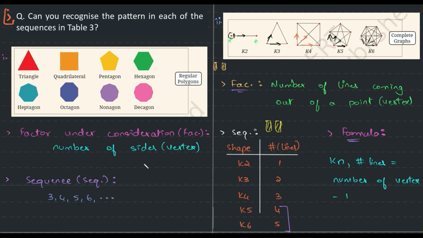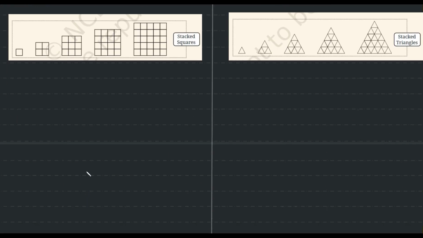Again, this is an extra bit that I'm teaching. All your question asks is what is the sequence and what is the factor. Actually, not even that, just what is the sequence. That's the actual question, but I'm extending it a bit. Here, what is the factor according to you? That's left to you guys.